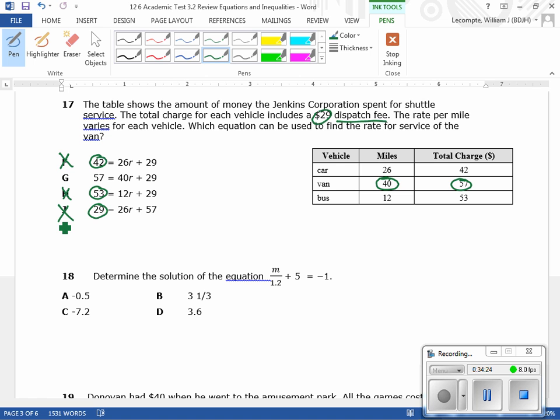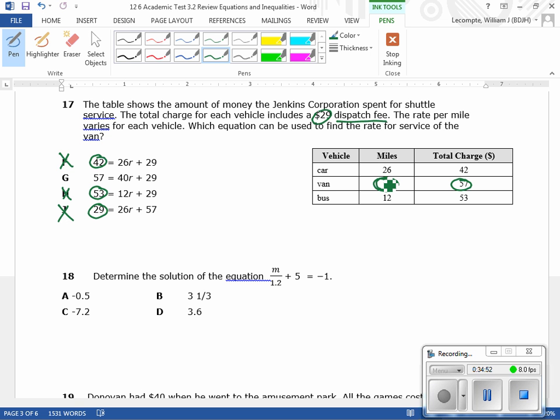So this said I had 40 miles, and the rate per mile varies for each vehicle. Which equation can be used to find the rate for service of the van? So I'm going to do 40 miles times a certain rate, and I have to find out what that rate is. So I would say G would be the answer.